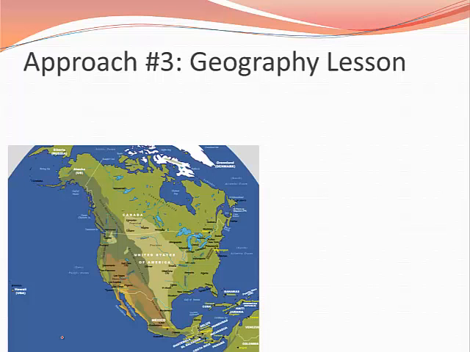Here's approach number 3. And this one doesn't really explain why the sig fig rules are the way that they are, but it gives you a handy way of remembering it. It's based on geography, and what you need to know is that the Pacific is on this side of North America and the Atlantic Ocean is on the other.